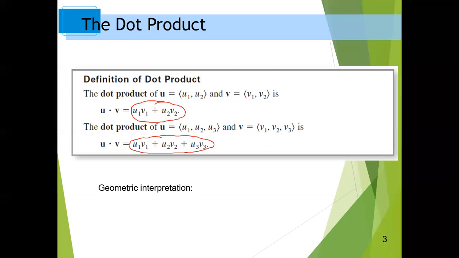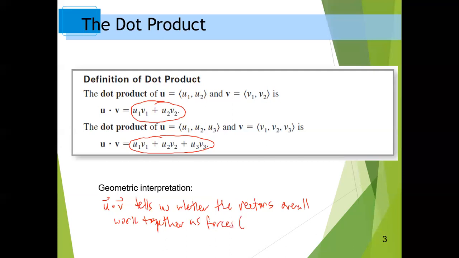Okay? So here's the geometric interpretation. U dot V tells us whether the vectors overall help or work together as forces.